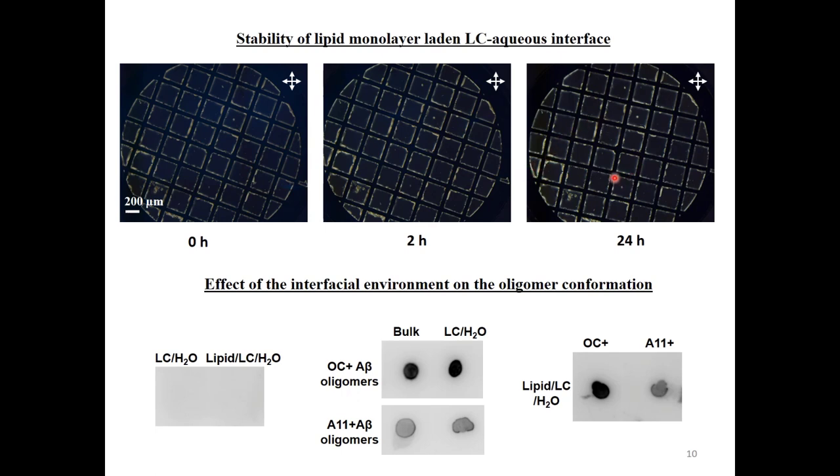Before examining the dynamic optical response of the liquid crystal in presence of A-beta oligomer, we checked if the conformations of these oligomers are altered by the interfacial environment of liquid crystals, and for that we did a dot blot assay with OC antibody, which showed that the conformation of oligomers remain unchanged.